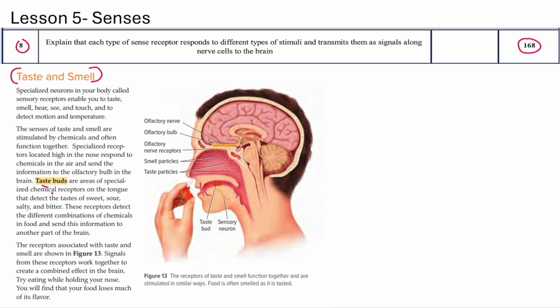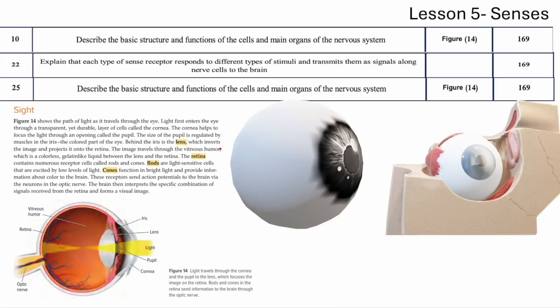So these are the chemical receptors that detect the tastes of sweet, sour, salty, and bitter. And you have specialized receptors in the nose. These are called the olfactory nerve receptors, and these are responsible for smell by detecting the particles, the chemicals in the air.